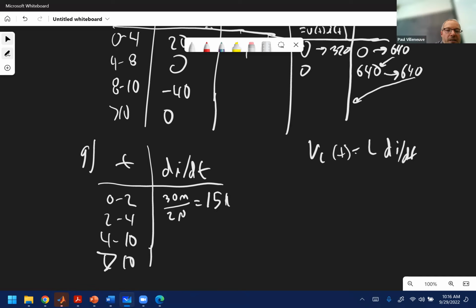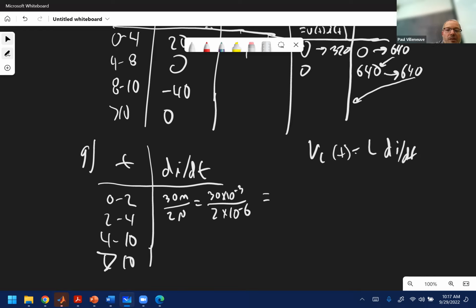The easiest way to do it, let's just keep expanding it here. So let's erase this. And let's do 30 times 10 to the minus 3 over 2 times 10 to the minus 6. When you divide exponentials, you subtract them, correct?